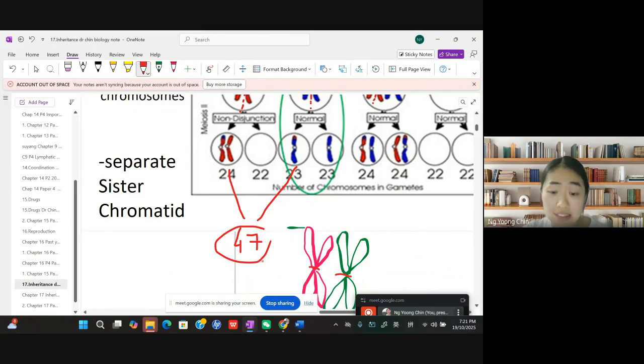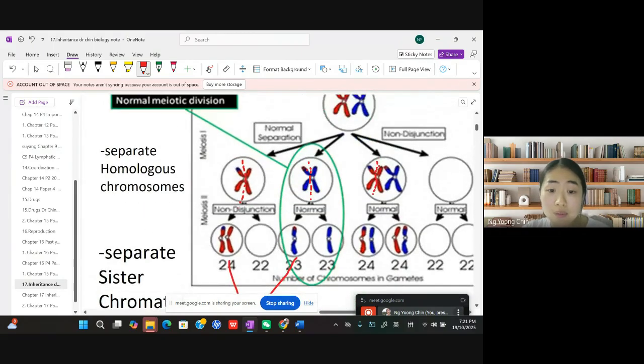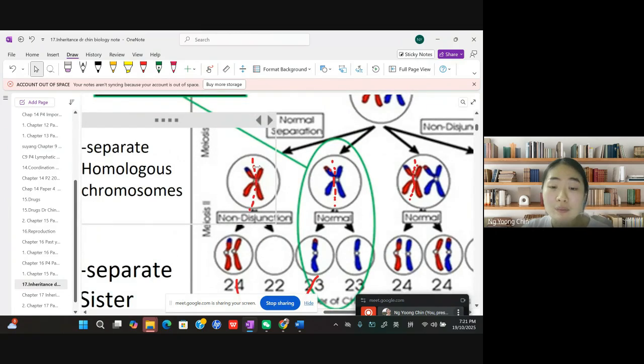We shouldn't have 47. So this is called non-disjunction. Non-disjunction happens because the chromosome itself, or rather the spindle fiber, just loses its elasticity, so they cannot separate.